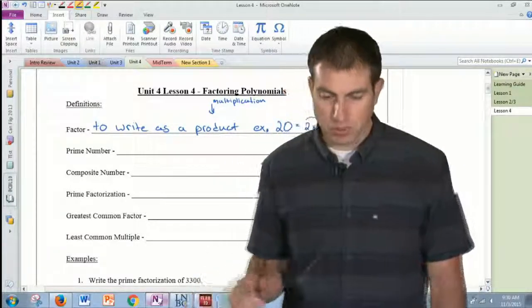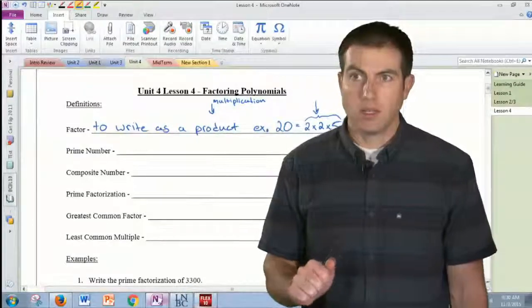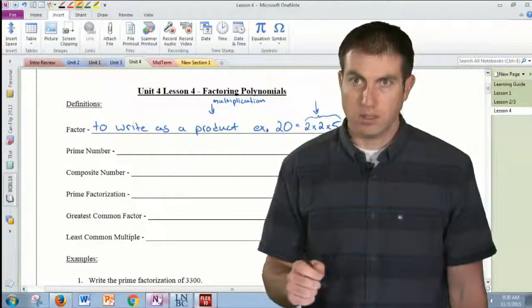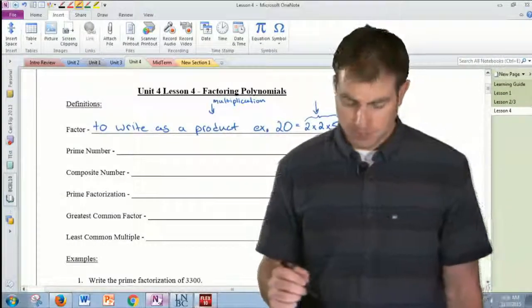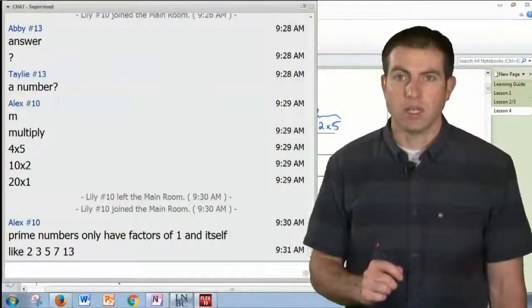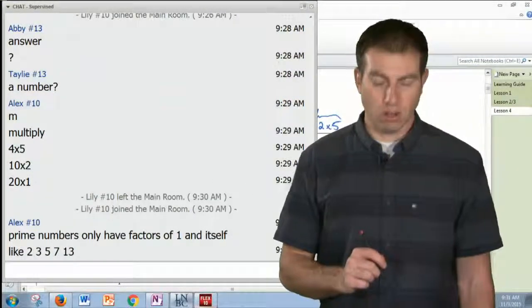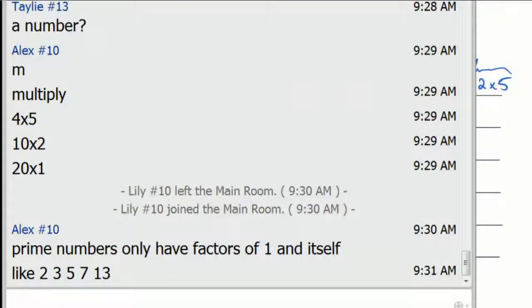So we use primes for things like that. Lily is jumping in and out of chat. Prime numbers have only factors of 1 and themselves. 2, 3, 5, 7, 13. Those are all excellent examples of prime numbers, and your definition is spot on.